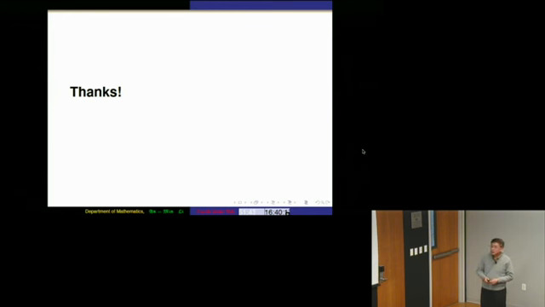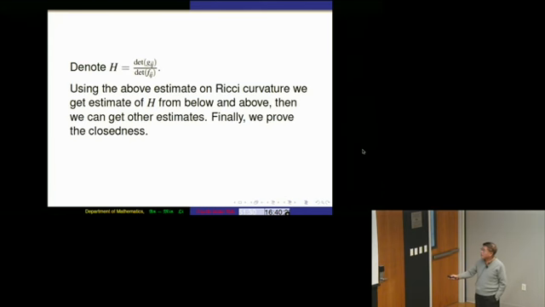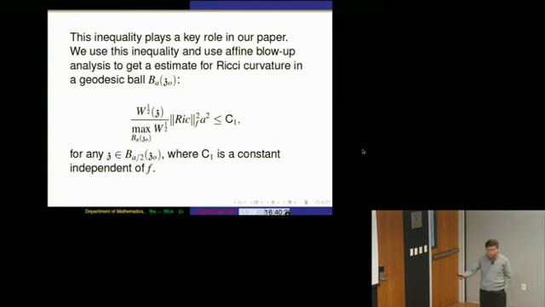Any questions? Then we can go back to the Ricci estimate. You want to see it? This one. The Ricci curvature we can estimate in terms of this one, W is the determinant, and also the maximum of W in the geodesic ball.